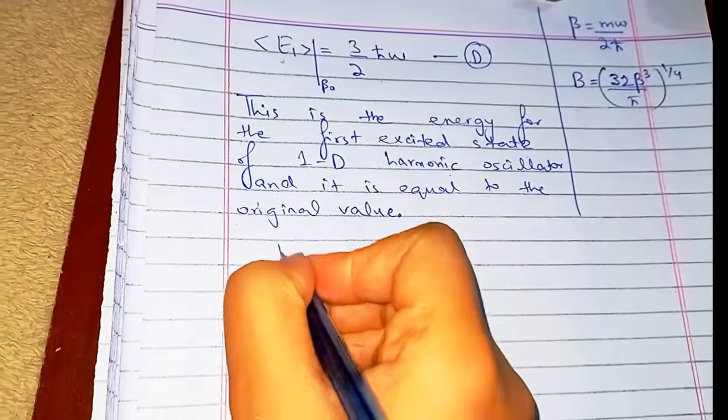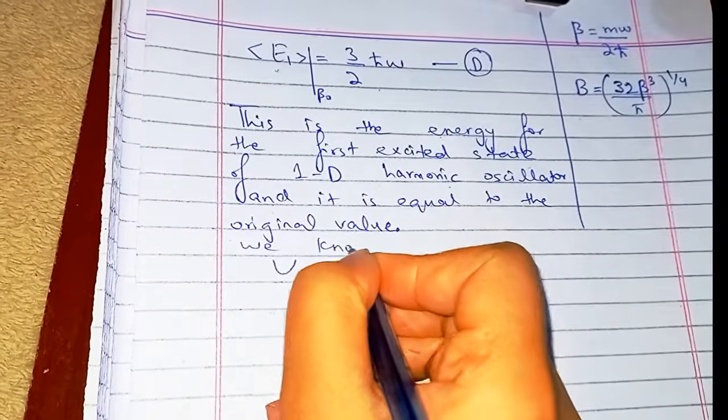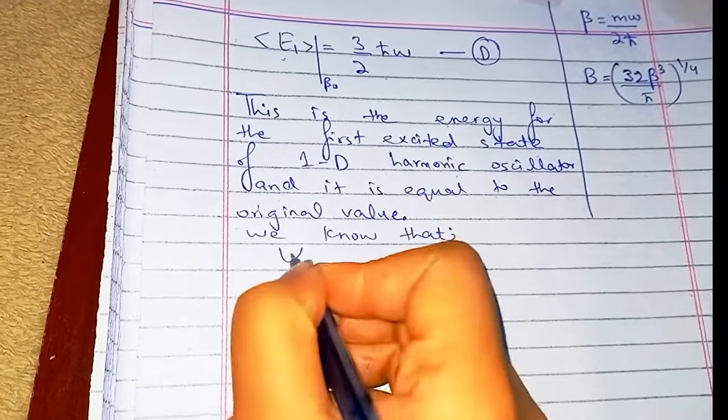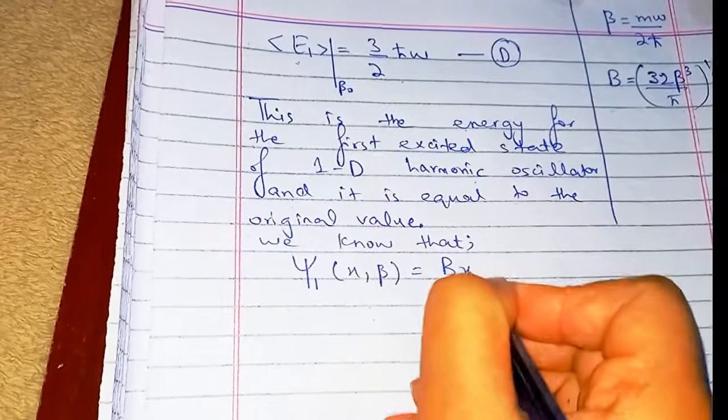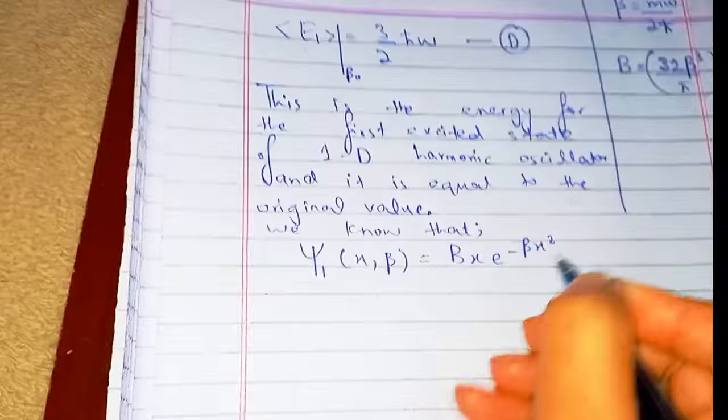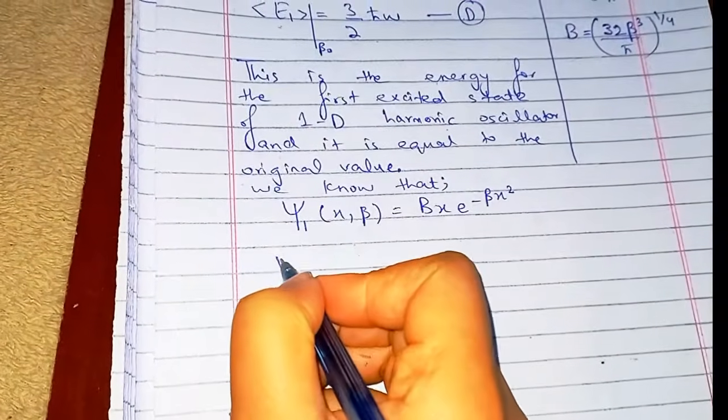Okay, and here we know that the trial wave function was psi 1 of x and beta equals b x e to the power minus beta x squared. That is the trial wave function.